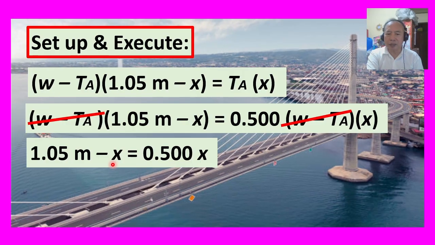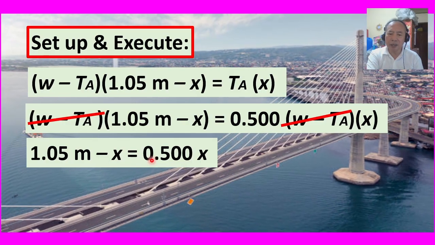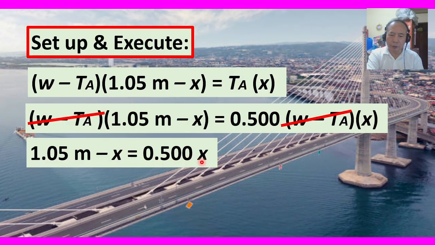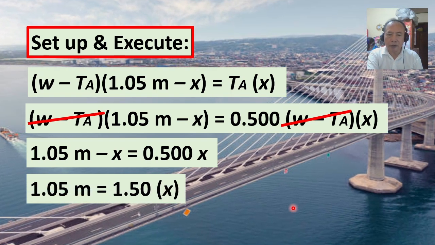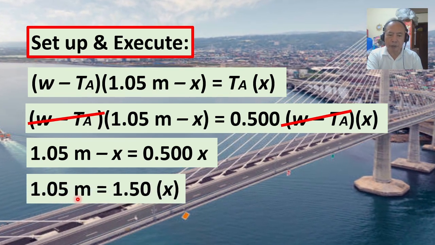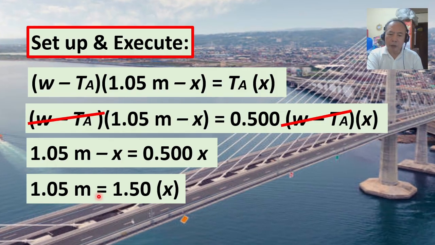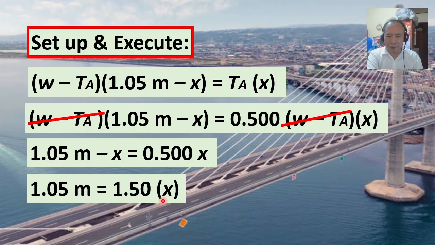Combining the two terms, negative x and 0.500x, our equation now becomes 1.05 meter equal to 1.50 times x.